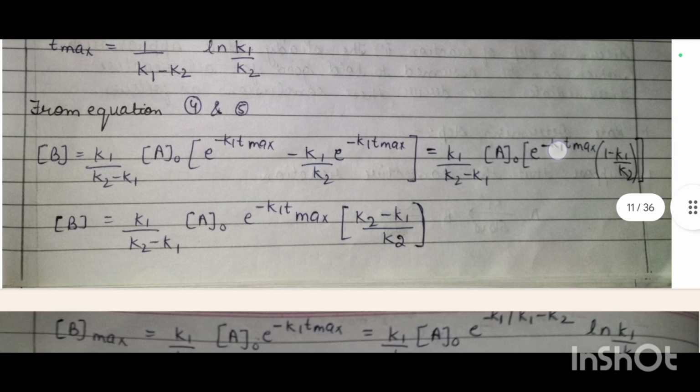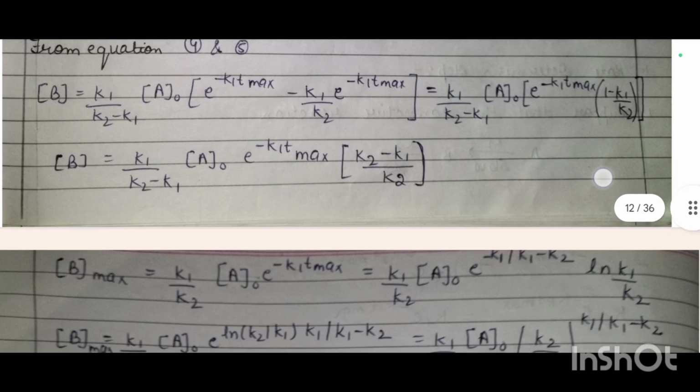From the equation above, the concentration of B is k1/(k2 − k1) A0 e^(−k1 t_max) (1 − (k1/k2)), because e^(−k2 t_max) = (k1/k2) e^(−k1 t_max).